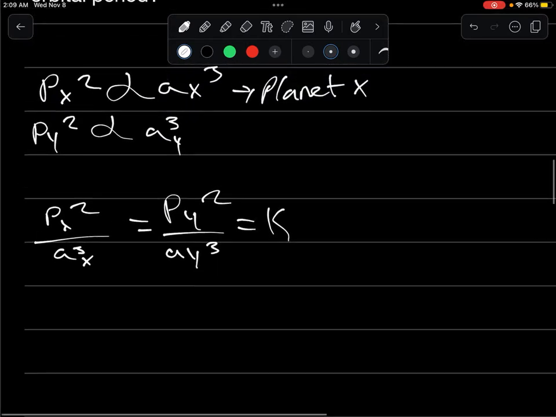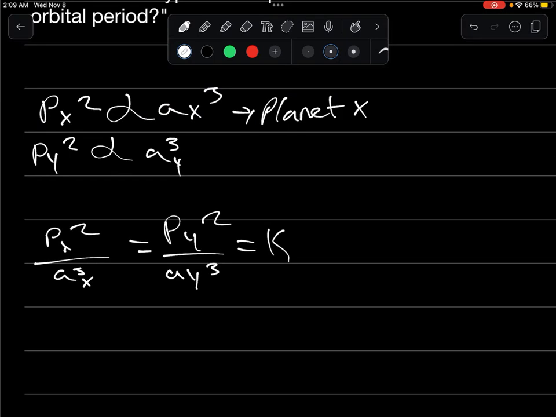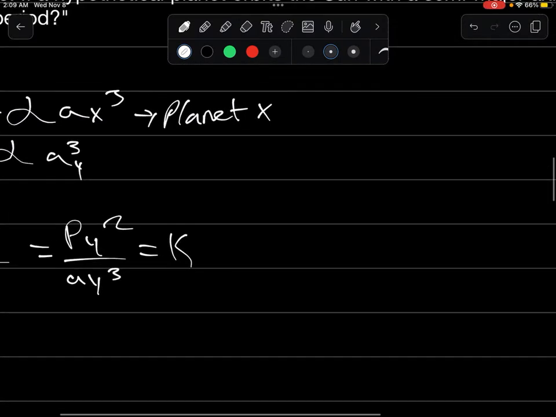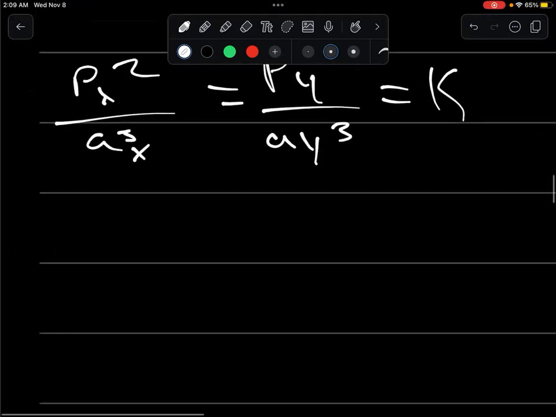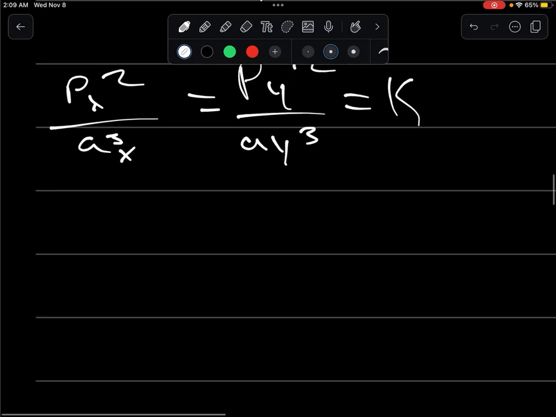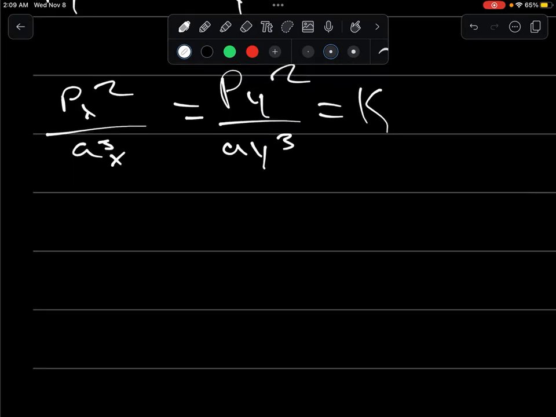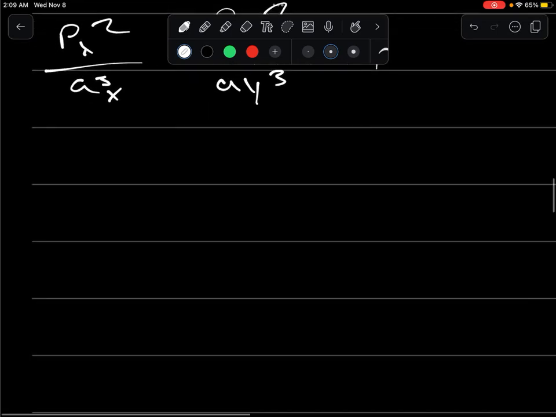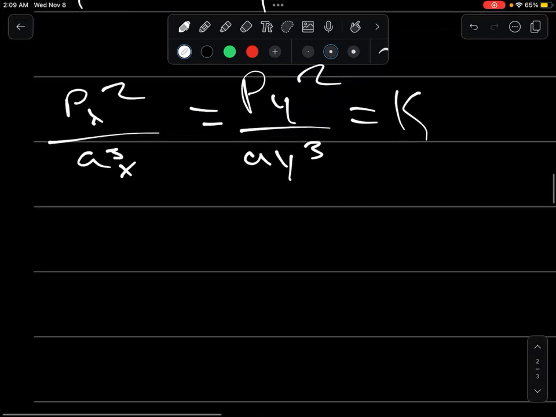And now let's say we want to solve for p sub y in the context of the problem, right? By cross multiplying and taking the square root, we can isolate p sub y to find its value in terms of known quantities for planet X and the semi-major axis for planet Y. And this final step provides a practical formula to calculate the orbital period of any planet given the reference orbital period and semi-major axes. So let's just solve really quickly.